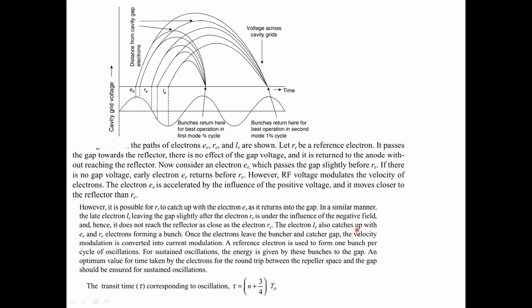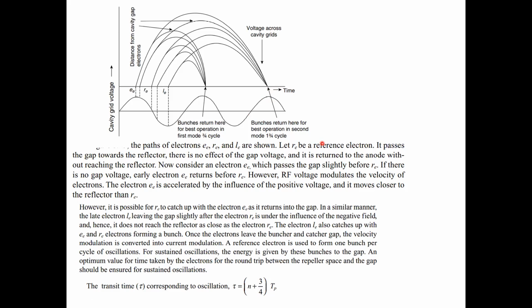That is the first mode, represented by the first mode. This is the status at the first mode, and this is the status at the second mode. Likewise, for each mode analysis, we have to expect the transit time. This is the explanation for velocity modulation.